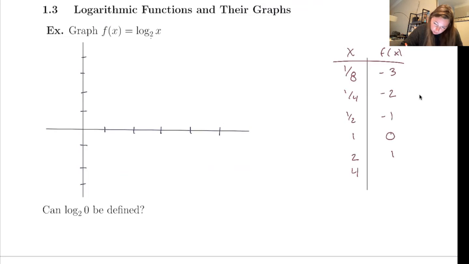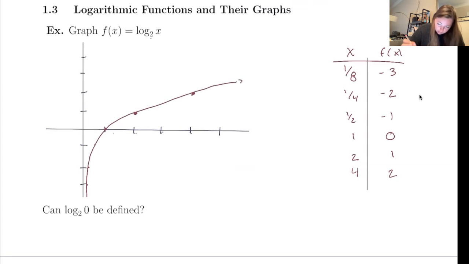Log base 2 of 4 would be 2. Okay. So 1, 2, 3, 4, then 2, 1, 0. And then we're at -1 at 1/2. Like that.